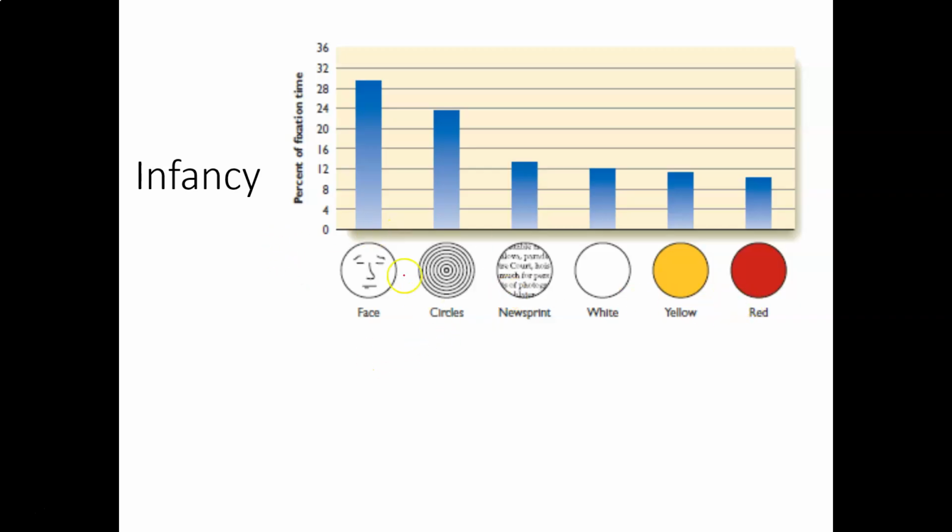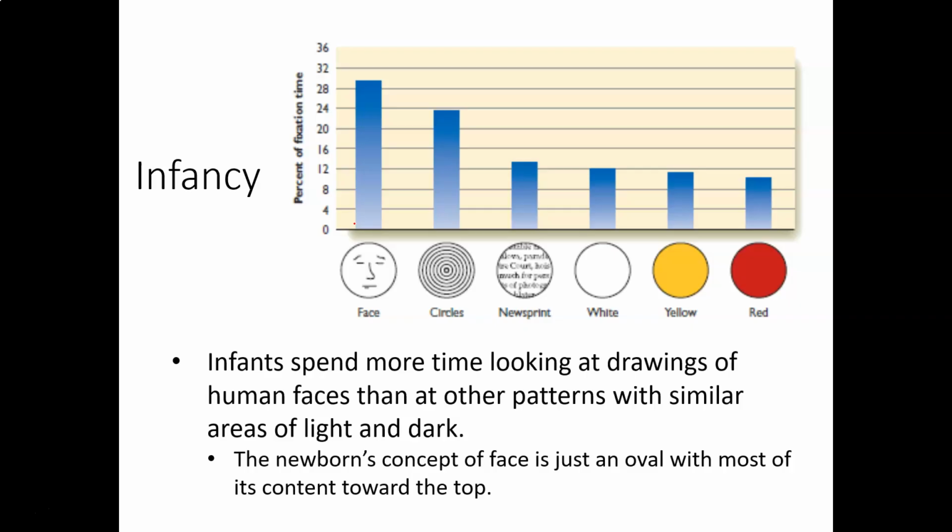So they presented them with something that looks somewhat like a face, something with concentric circles, something that has newsprint, just plain old white, just plain old yellow, and red. What they found, if you look here and you can read this graph, is that infants spend a lot more time looking at drawings that resemble human faces compared to anything else.